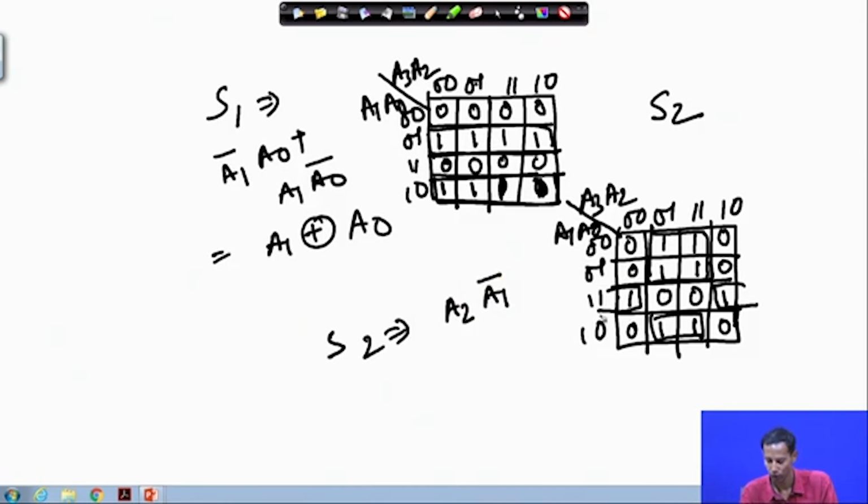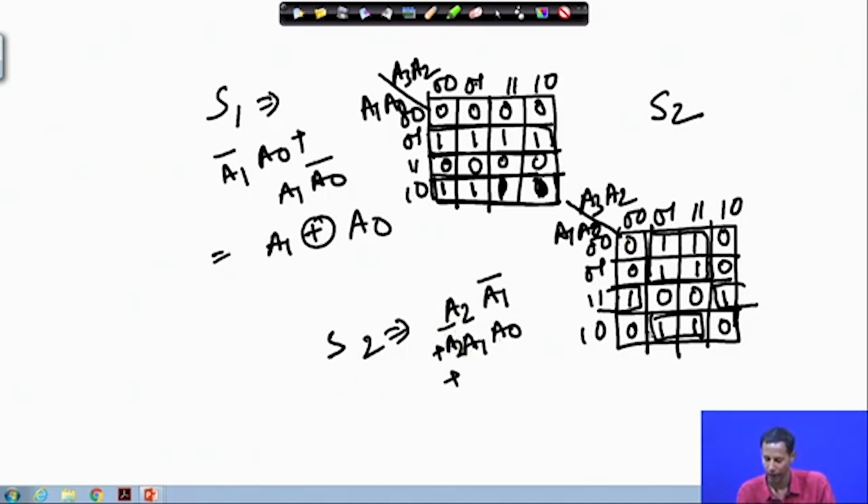For this particular case, plus it will be A1 A0, sorry, not this, this will be A1 A0. So here this is A1 A0 and for this that is A2 bar.